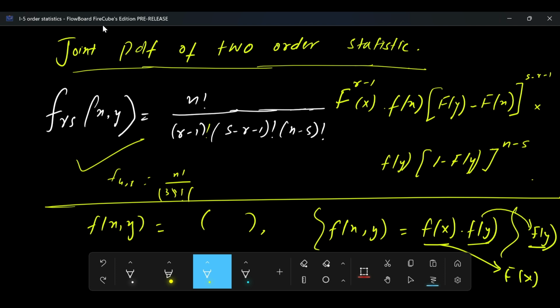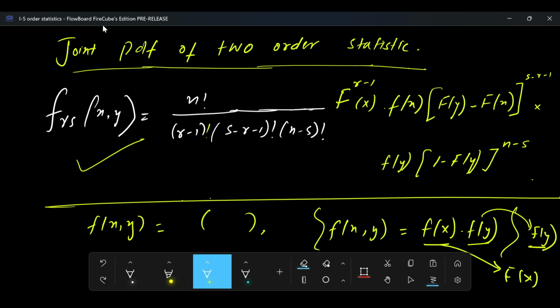Then 5 minus 4 is 1, minus 1 is 0, and 0 factorial is 1. Then we have n minus s, that is 4 minus 5, that's minus 1. This is also incorrect, because a negative factorial does not exist.